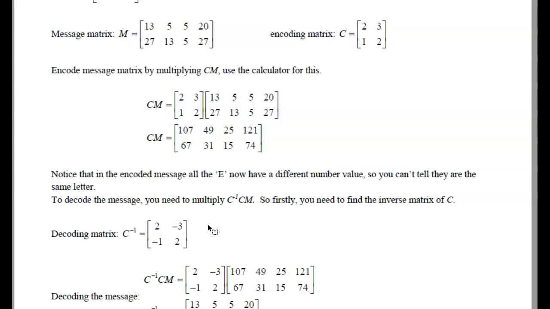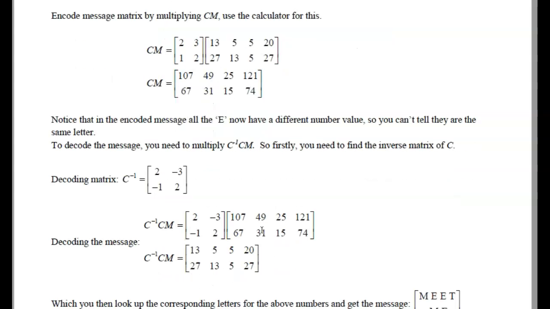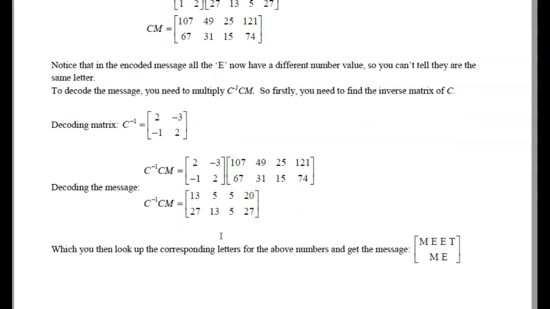Now, the reason we do that, remember, your original matrix multiplied by its inverse gives you 1. Okay, so we're basically undoing this matrix, and then we're just left with our answer, the meet me. All right, so you can see there, that's our original.